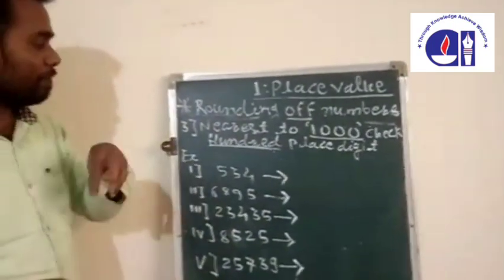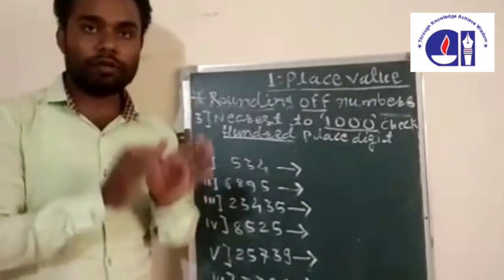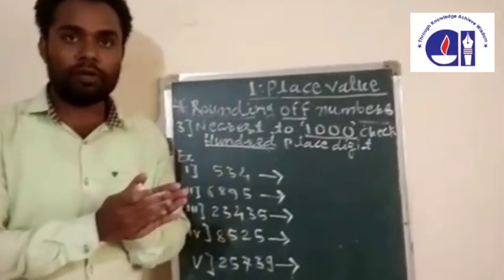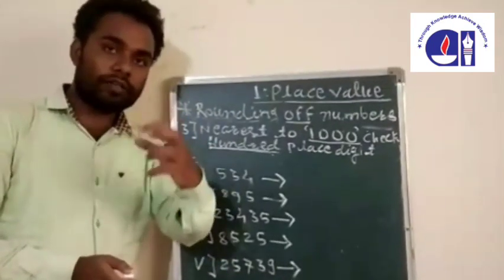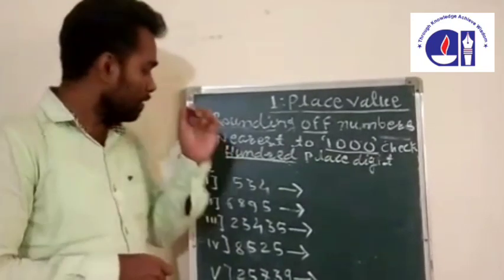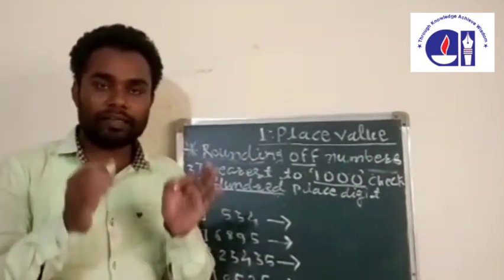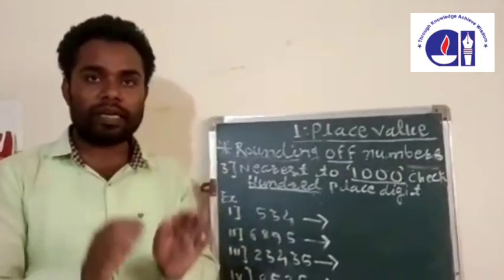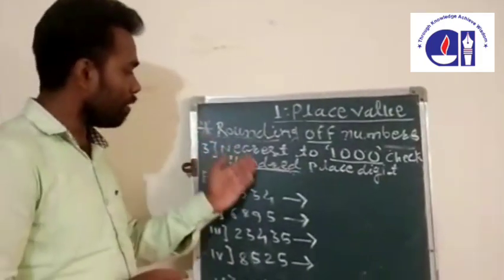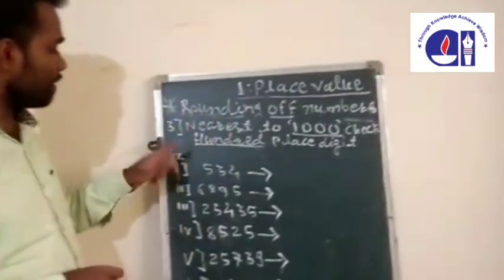If it is 0, 1, 2, 3 or 4, we round to the back 1000, and if it is 5, 6, 7, 8 or 9, we round to the next 1000. So let's see some examples.